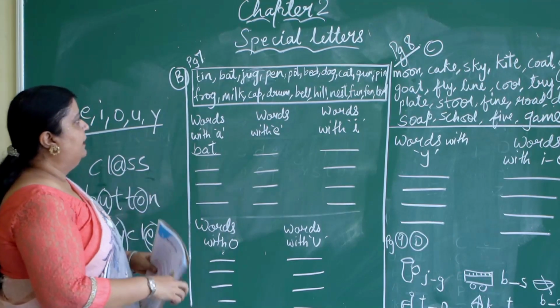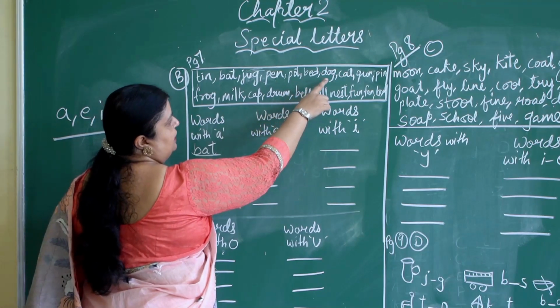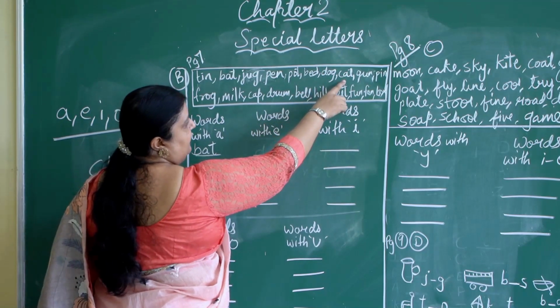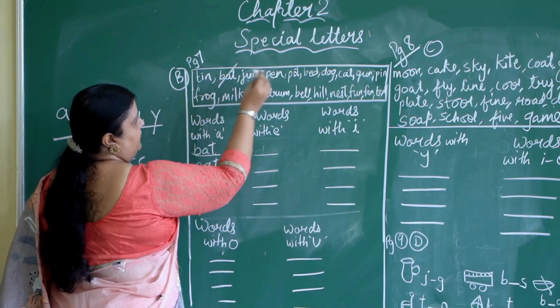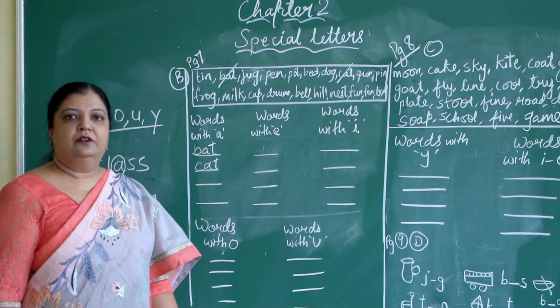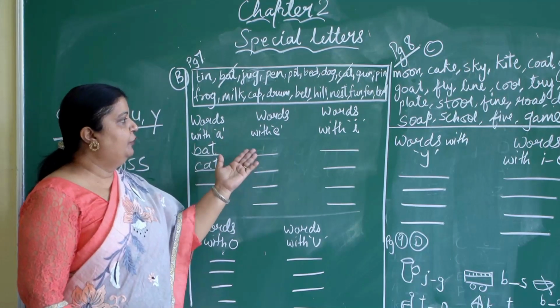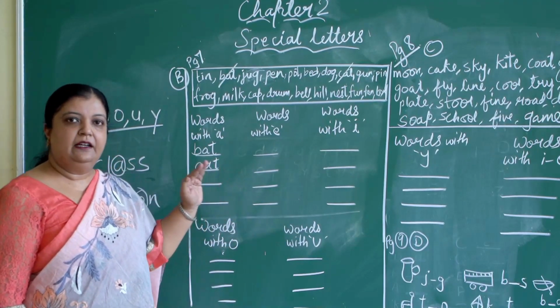Then jug, pen, pot, bed, dog, cat. Cat has the special letter A. Children, when you have written bat and cat, you can omit those words so that it is helpful for you to do the other exercises easily. You won't be getting confused.